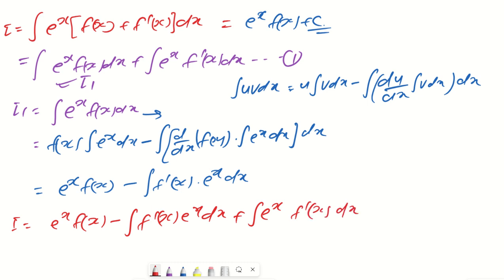As you can see, the last two terms, one negative and one positive, cancel. And plus some constant c will come here also. So you get e to the power x f of x plus some constant c. This is what we wanted to derive.